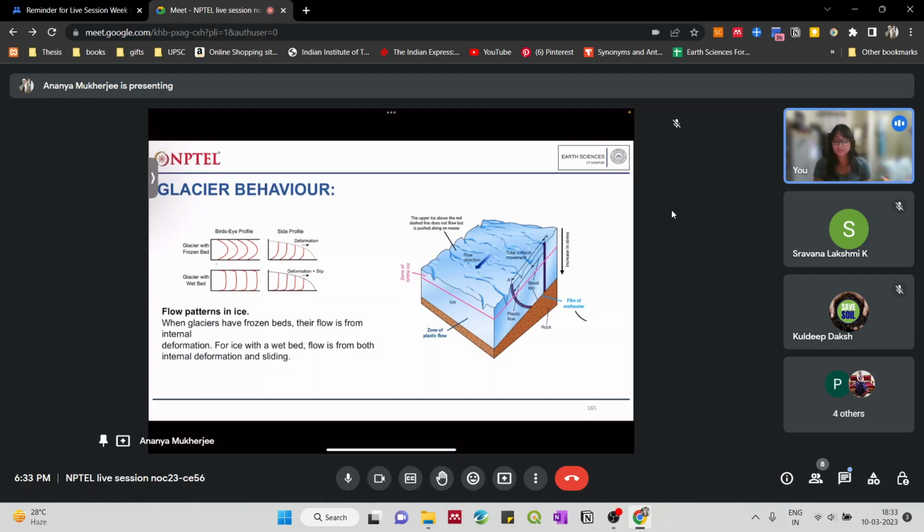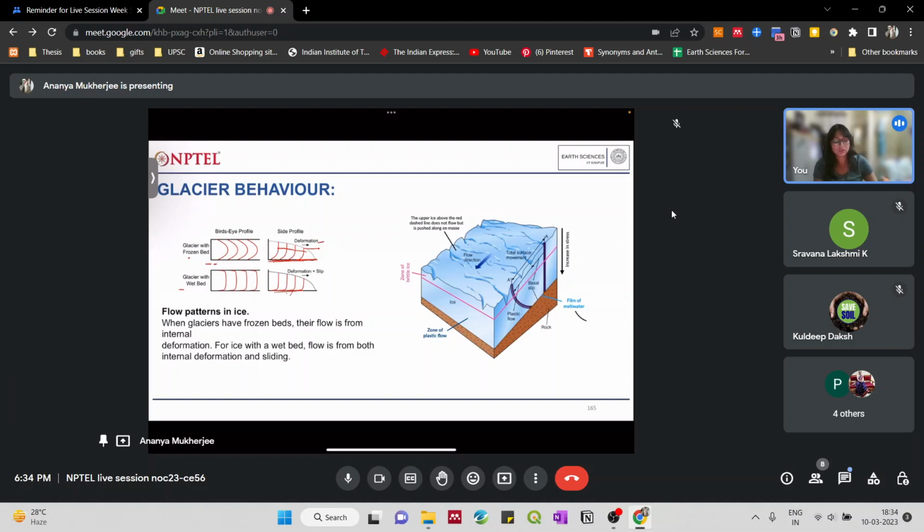But if you have a frozen bed, the contact between the glacier and the bedrock is not lubricated with water, so the top part of the glacier is going to move much faster than the bottom part. In a glacier with a wet bed, it's almost uniform. There is deformation plus slip, and for glaciers which have a frozen bed, you have mostly deformation.